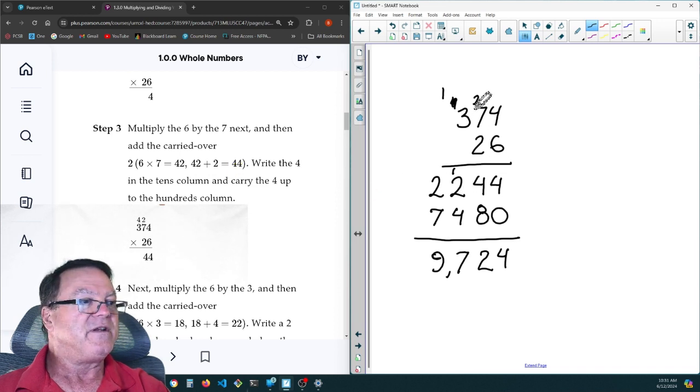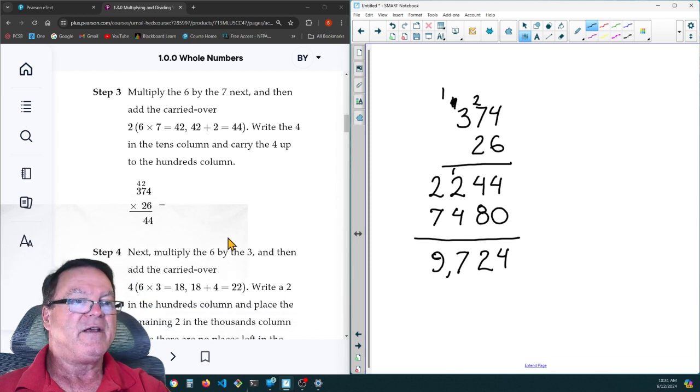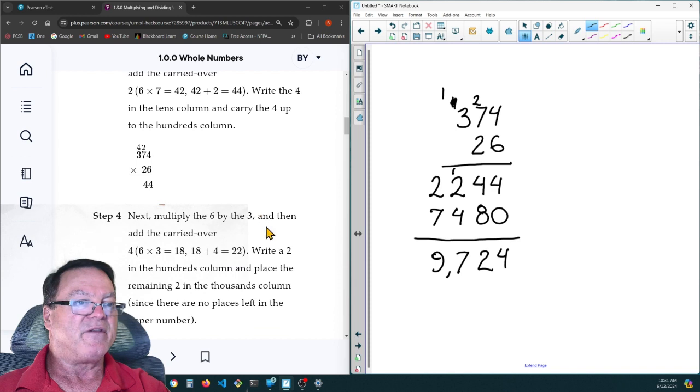That's what we did. We wrote the 4 and we carried the other 4. I scribbled it out later, but that was a 4. And then it says multiply the 6 by the 3 and add the carryover. So 6 times 3 is 18, plus that 4 equals 22, and that's why we wrote 22 here, okay?